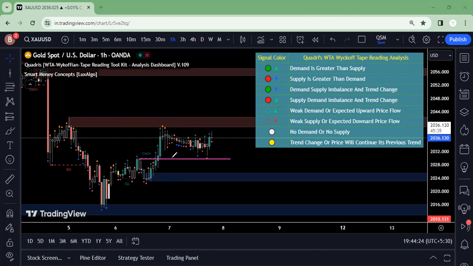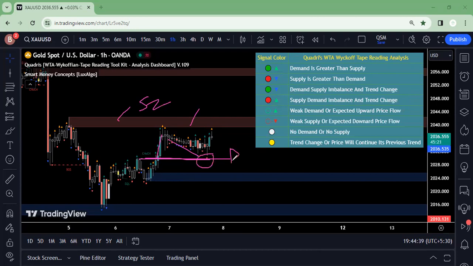For example, if this is a change of character and this is a supply zone, to break this supply zone, price has to pull back and then show some strength. Strength means showing some evidence of buying or demand, and then it should go upwards.